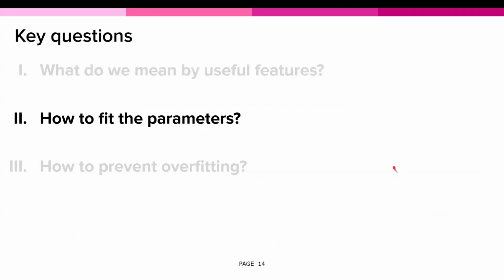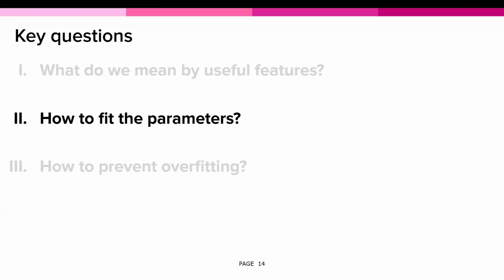Okay, so that was a discussion of what counts as a useful feature, and critically, we can't just learn a projection matrix from the input space to the hidden layer. We need a nonlinearity in there in order to learn useful features.